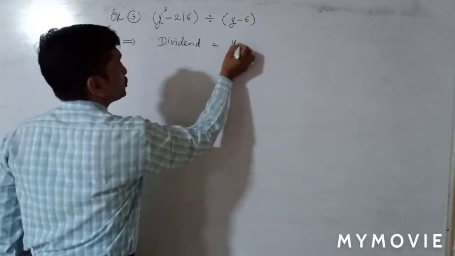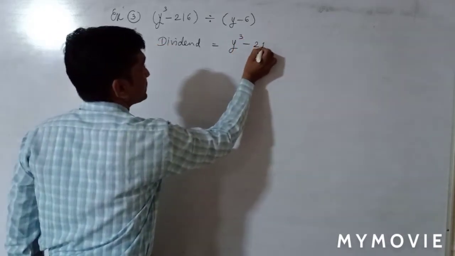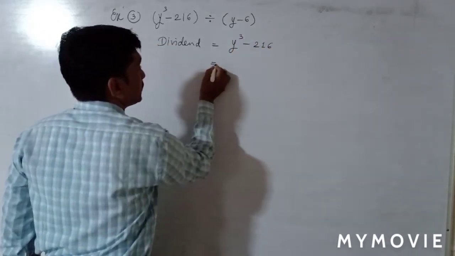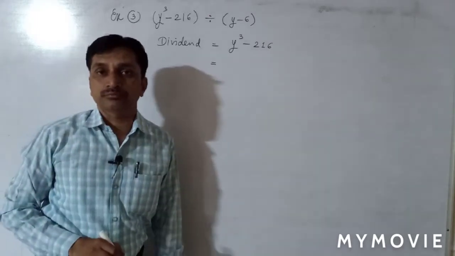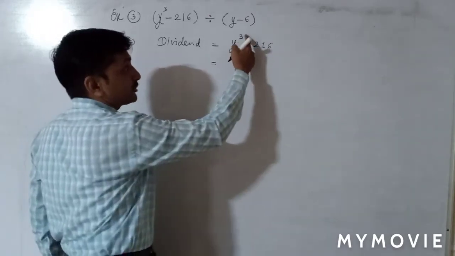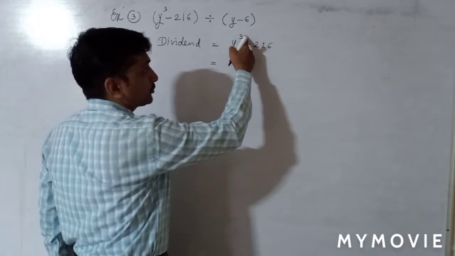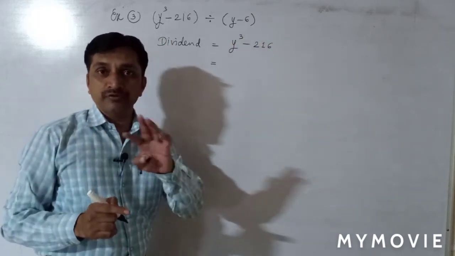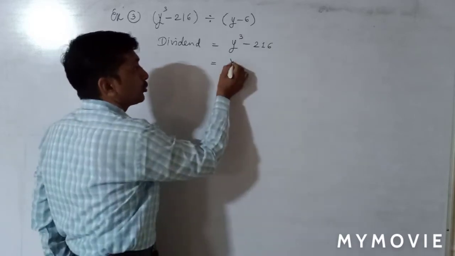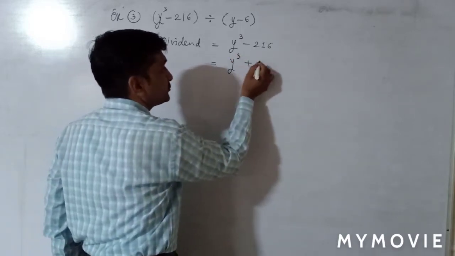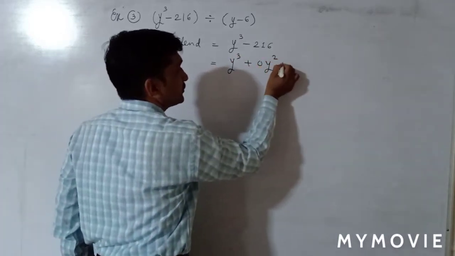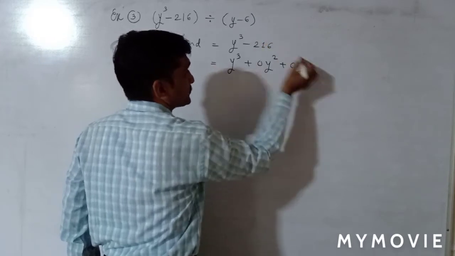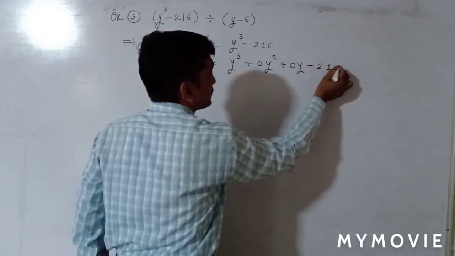Example number 3. y cube minus 216. But this is not in index form. y cube has power 3; after power 3, power 2 and power 1 are not there, so we have to write that. y cube plus 0y square plus 0y and last constant minus 216.